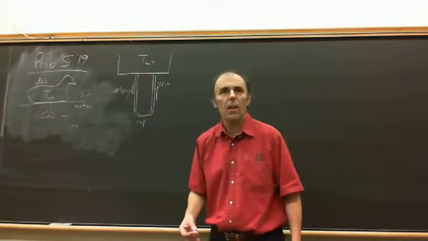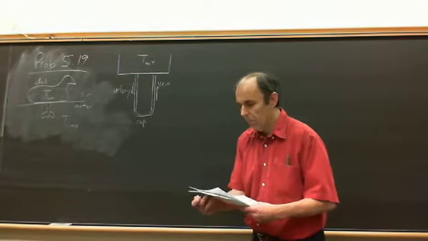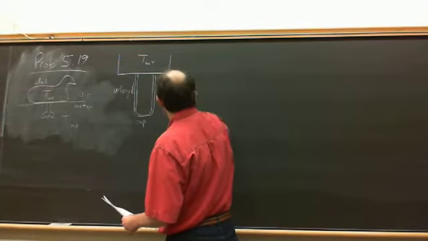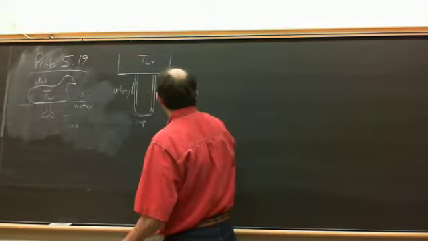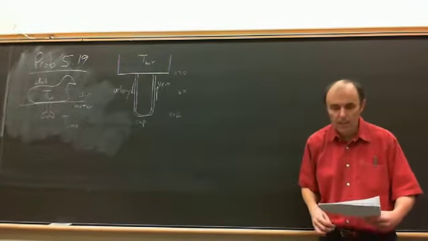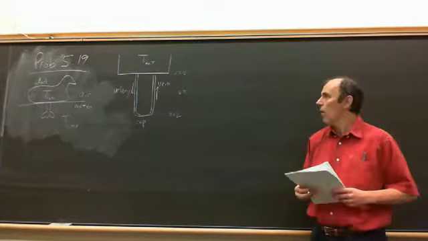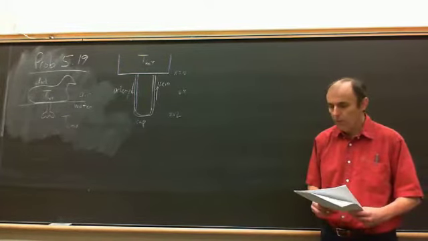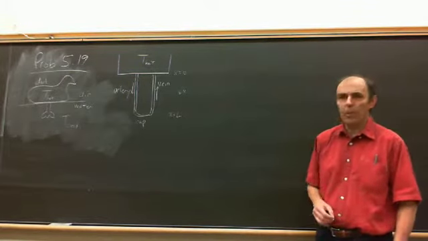So we're going to start with giving some coordinate system. We're going to take X is 0 right here where it enters the body, and X is L down by the capillary, so X is going down in this direction. And we need to derive differential equations. But before we do that, let's think about what the boundary conditions are going to be.